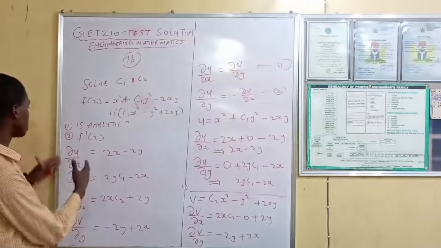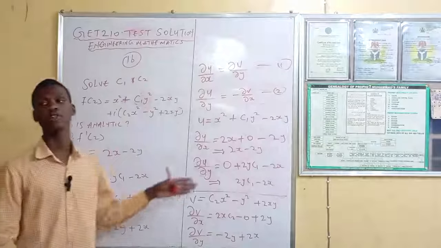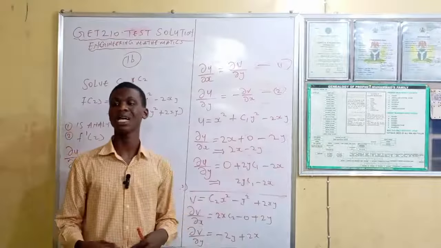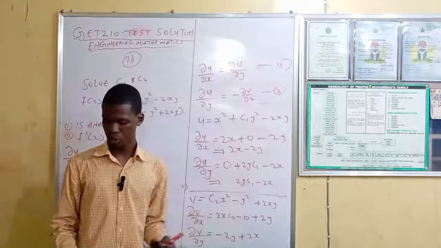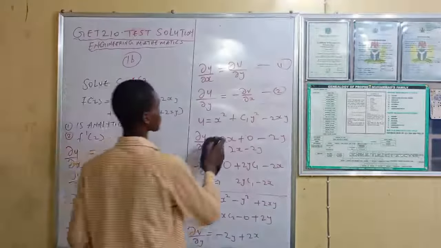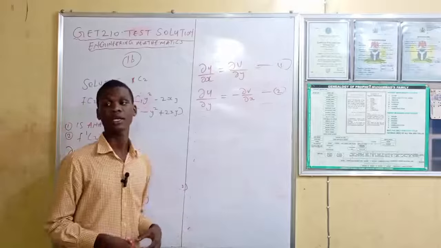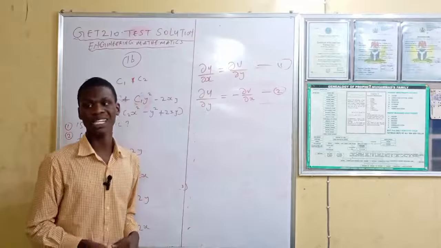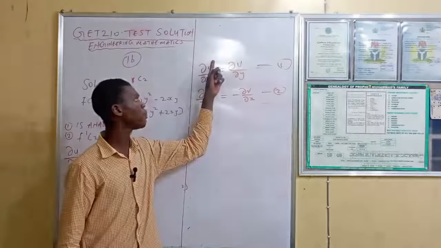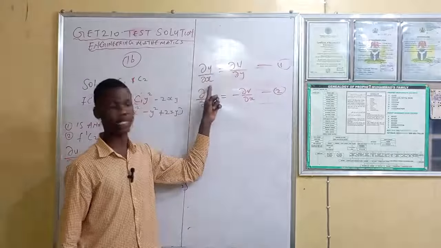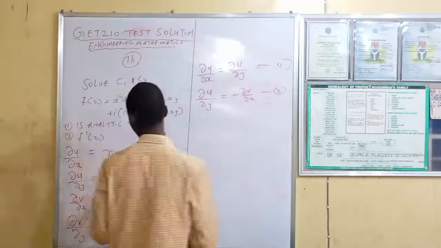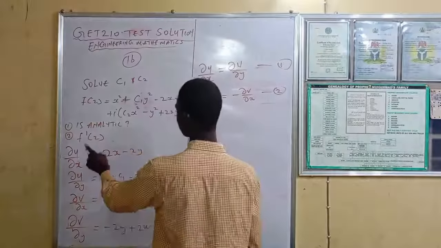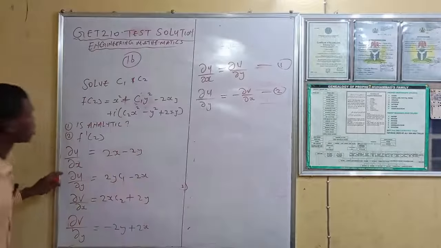Now let's put these derivatives in the condition of an analytic function when it comes to the Cauchy-Riemann equations, right? The first condition states that for your function to be analytic, the partial derivative of u with respect to x is equal to the partial derivative of v with respect to y. Now come back to this place. What is the partial derivative of u with respect to x?